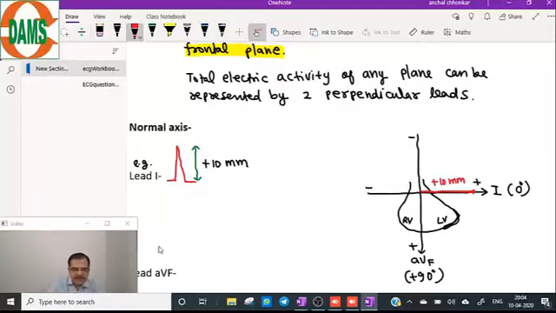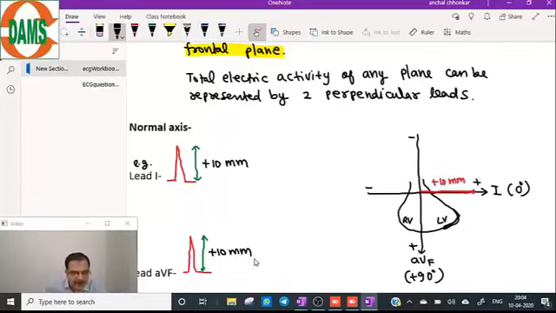And similarly, in AVF, QRS is seen like this. So this is also plus 10 mm, just for an example.